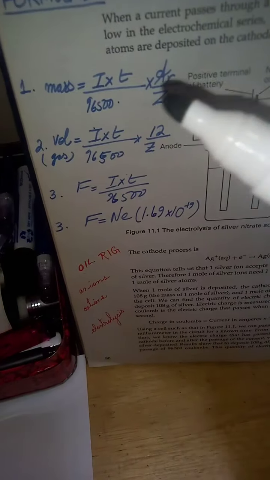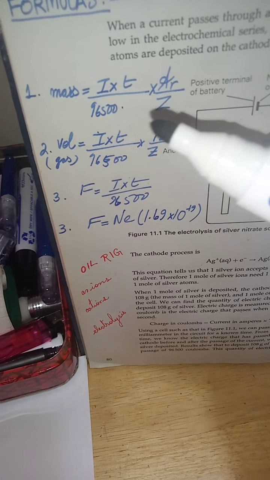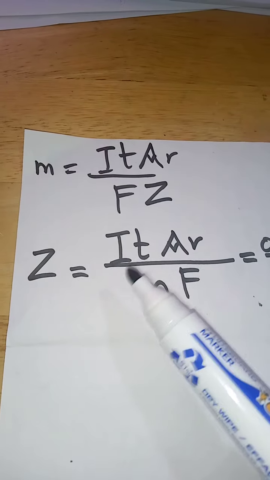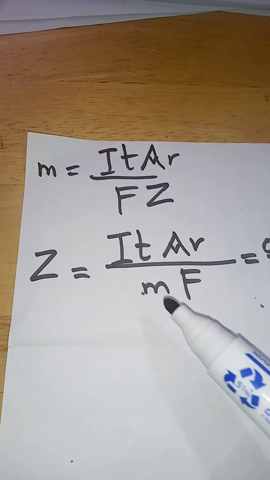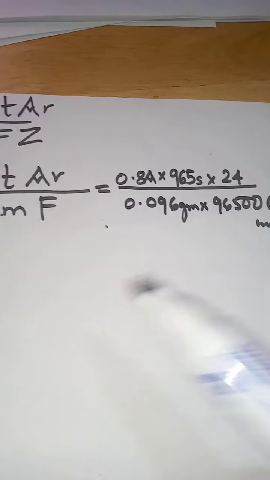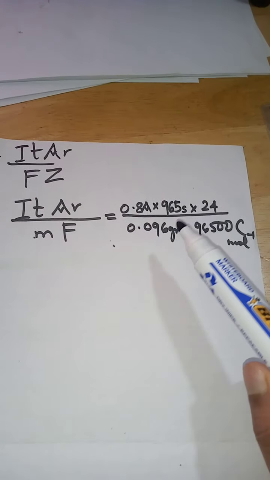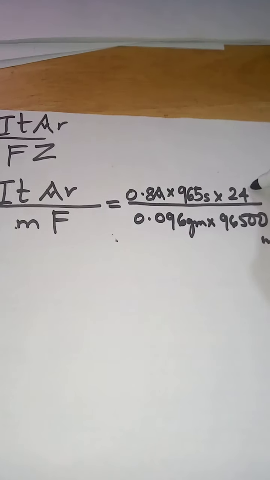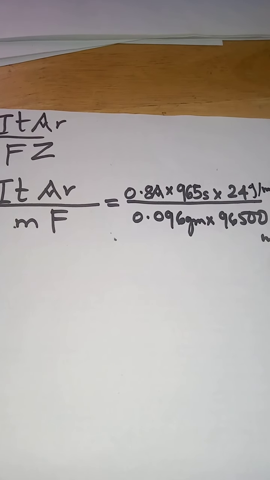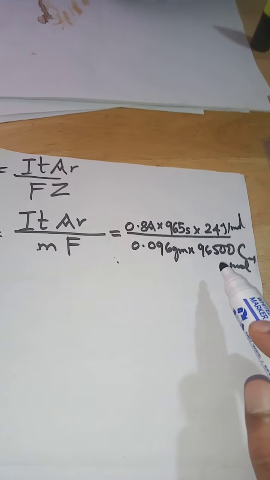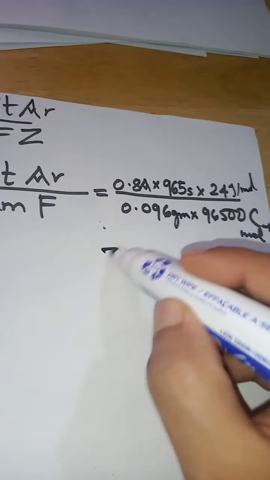Once we flip it for the oxidation number, which is Z, we get IT times atomic mass, whole divided by mass times the Faraday constant. So when you arrange it, it becomes 0.8 amps times 965 seconds times 24 grams per mole, whole divided by 0.096 grams times 96,500 coulombs per mole, and you get 2.